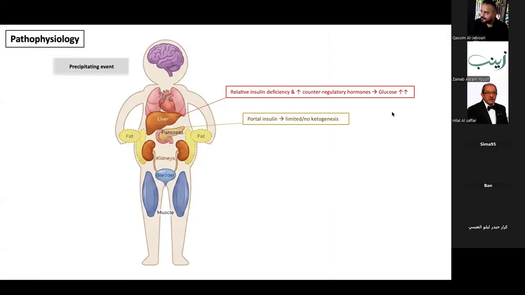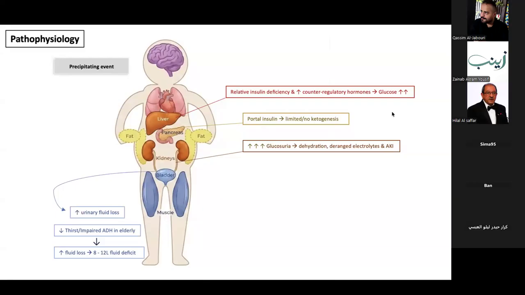Then this high intravascular glucose, or hyperglycemia, as we said, will lead to saturation of the renal tubules, osmotic diuresis, and dehydration that subsequently leads to deranged electrolytes and acute kidney injury.